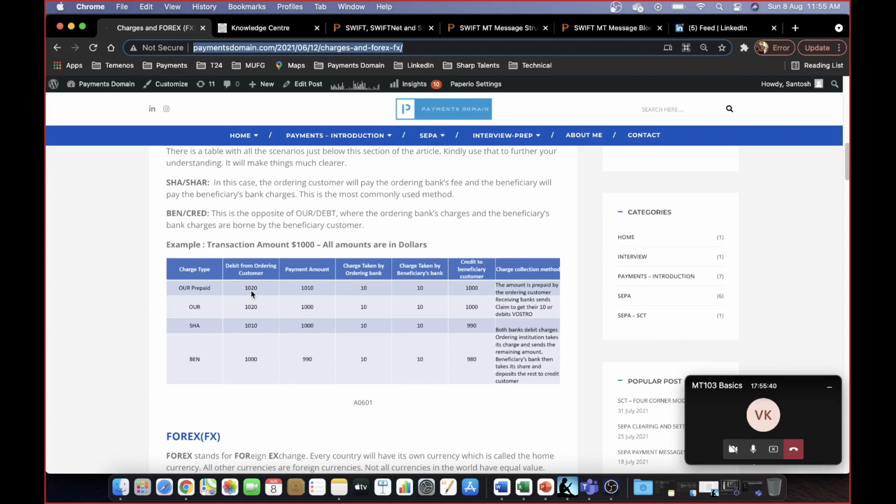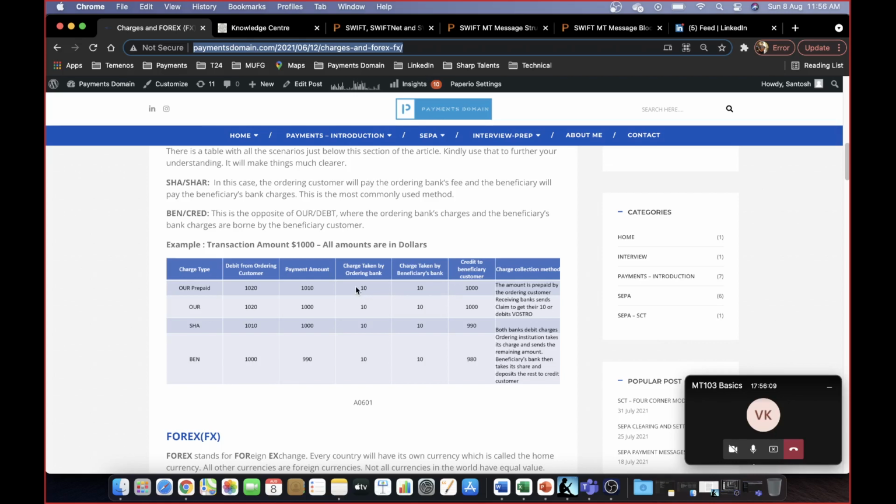If the OUR prepaid option is chosen, then 1,020 will be debited from the ordering customer, and in the payment amount, 1,010 will be sent. This is assuming a $10 charge is taken by the ordering bank, and a $10 charge is taken by the beneficiary bank. So the amount will be prepaid by the sending bank.